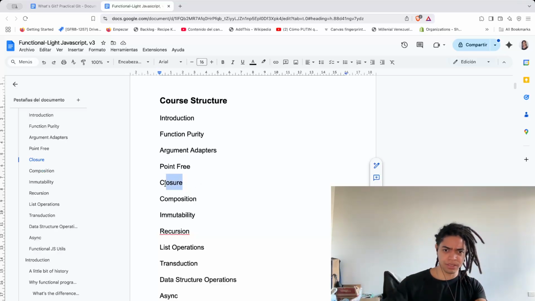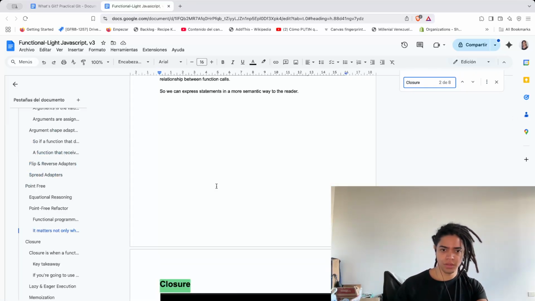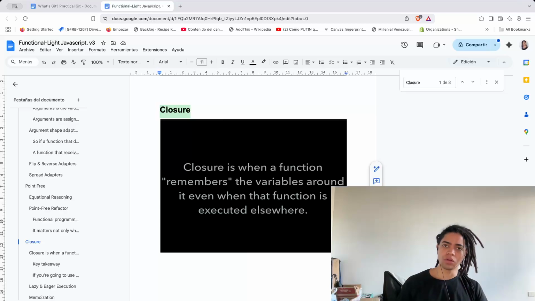So if you take a look at closure here, a closure is when a function, and this is something that is triggered by JavaScript when you return a function, remembers the variables around it, even when that function is executed elsewhere. Because closures per se are not functionally pure, we can make that so.